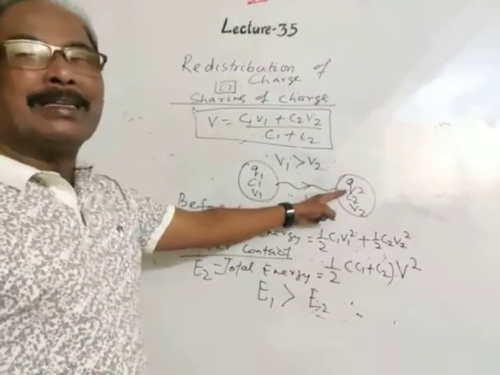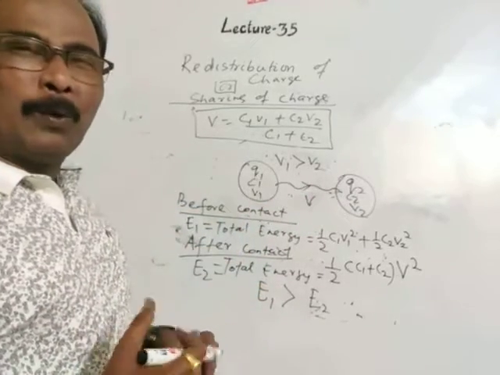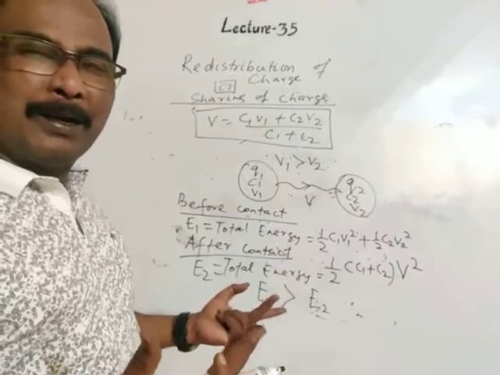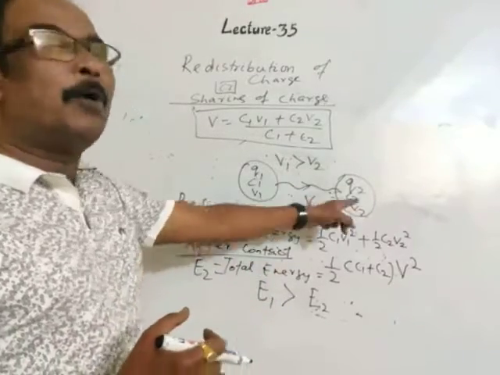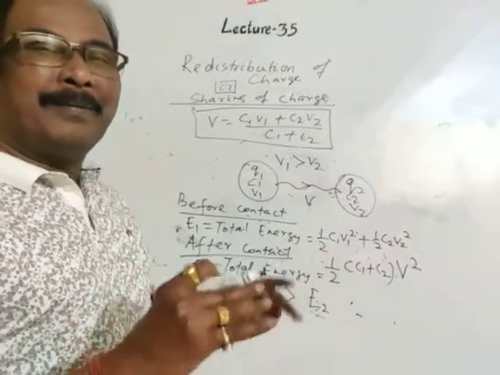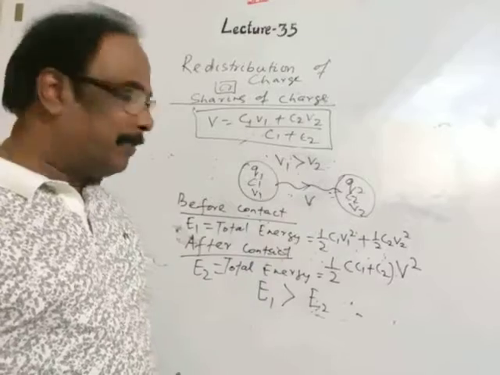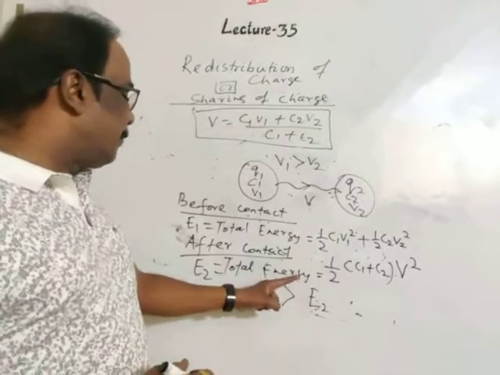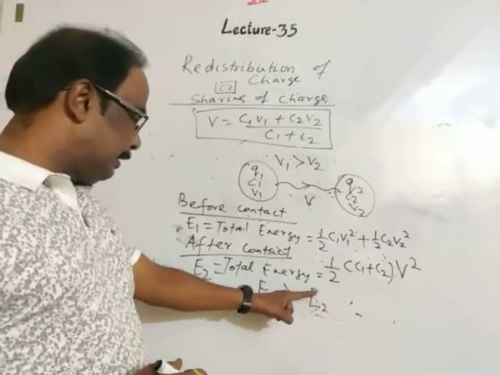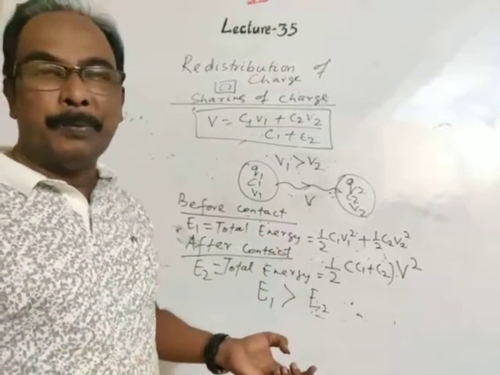So long as there is no flow of charge, before contact, total energy is more compared to total energy after the bodies attain common potential V. So total energy after contact is E2, which is less. Total energy before contact is E1, which is more.